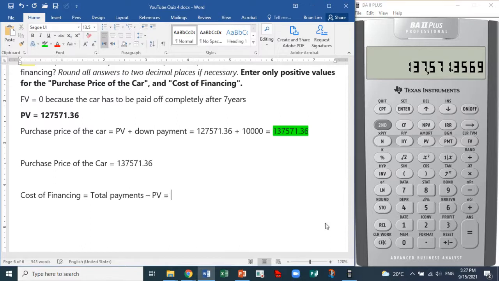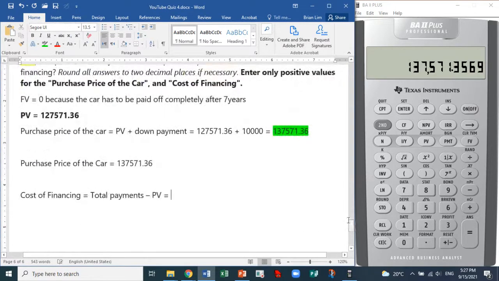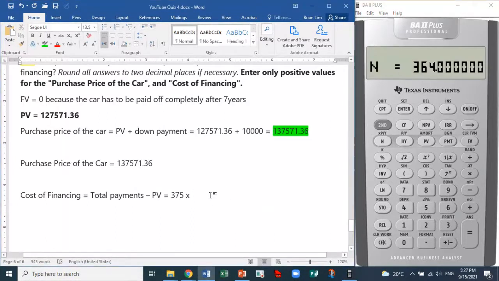The down payment does not play a role in that at all. So the payments that were being made were $375, right? So 375 times the value for n, we could always recall n, and it turned out we made 364 payments. And then we subtract today's present value, 127,571.36, this number right up here.